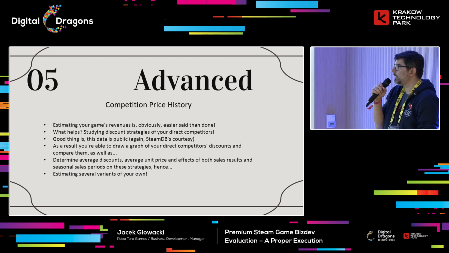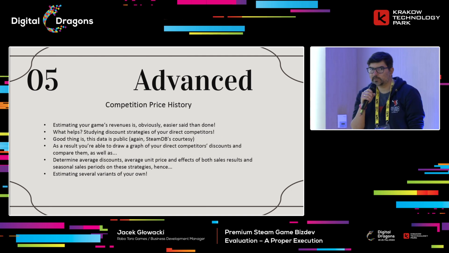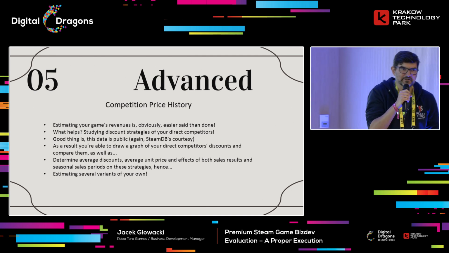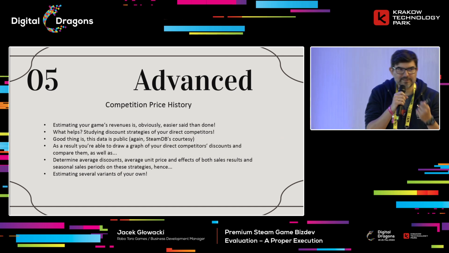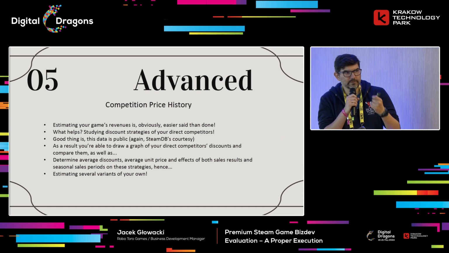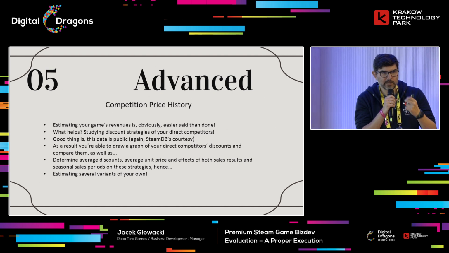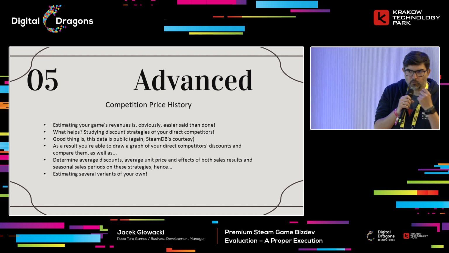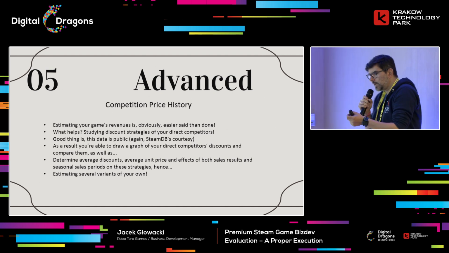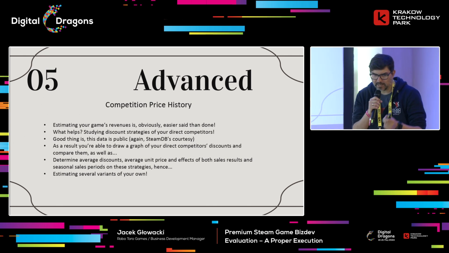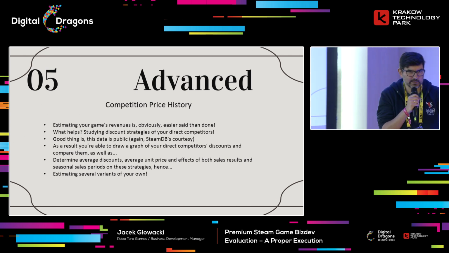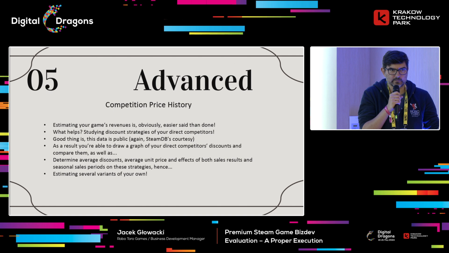As a result, you're able to draw a graph of your direct competitors' discounts and compare them, as well as, again, determine average discounts, median discounts, right, etc., etc. You will see how truly valuable your net price is. You will be able to see what is the period of time I can count on that I will be selling my game for the net price. Statistically, again.